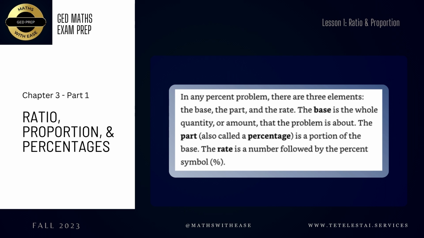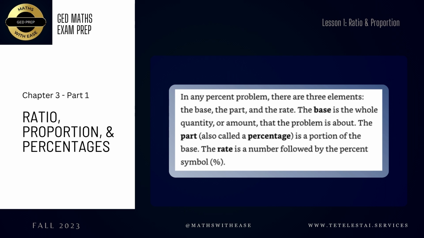The part, also called a percentage, is a portion of the base. So let's say we're going back to our circle and we remove one of those grayed out parts. So now we only have 2 parts that are grayed out. Those 2 portions of our base, of our entire circle, that are grayed out are the parts.